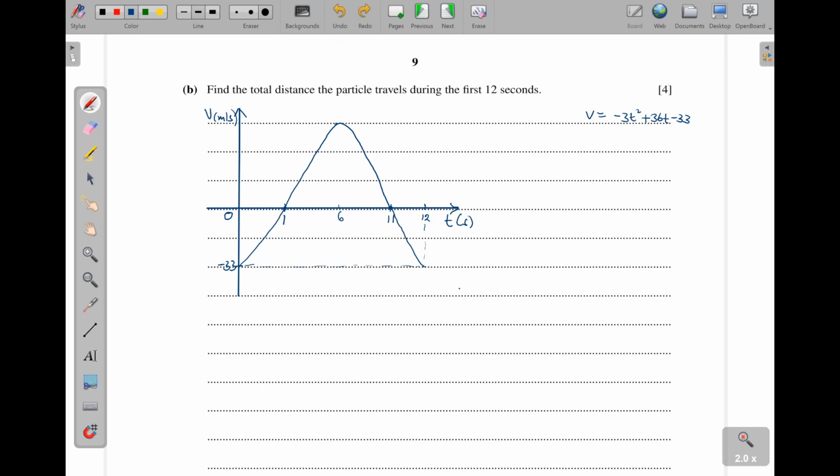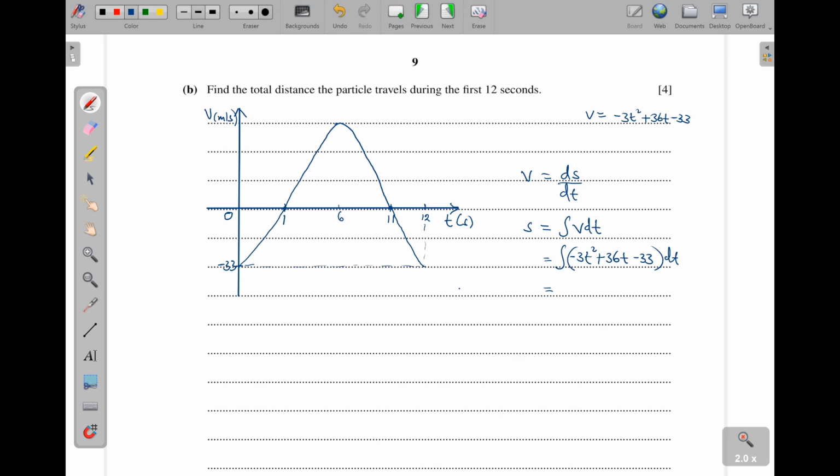Okay. Now, since velocity is equal to the rate of change of displacement, that means that s is equal to the integral of v dt. So let me first integrate negative 3t squared plus 36t minus 33 with respect to t.